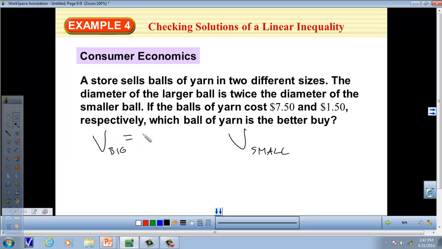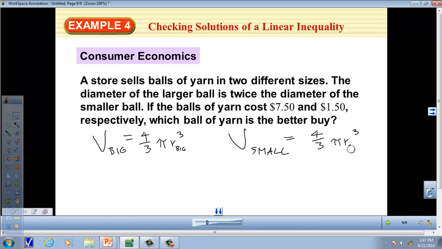In this case, it would be 4/3 pi r cubed, and this would be the big radius, and here we would have 4/3 pi r small cubed.